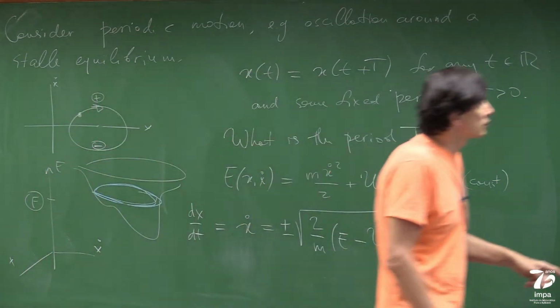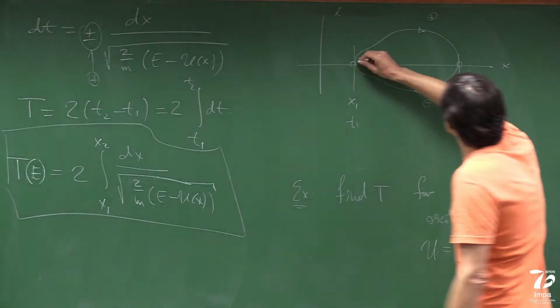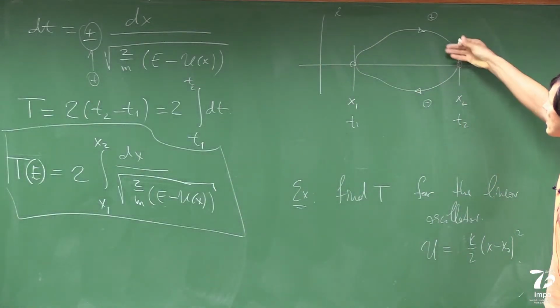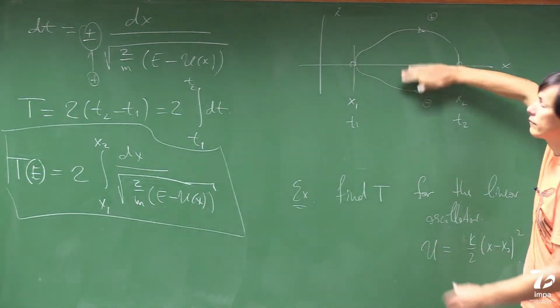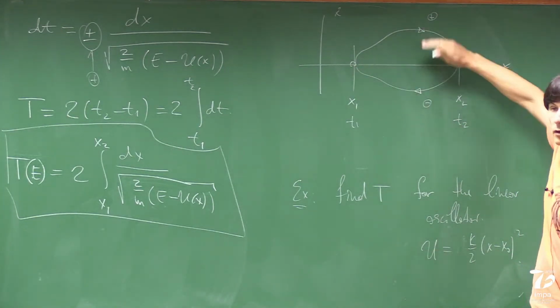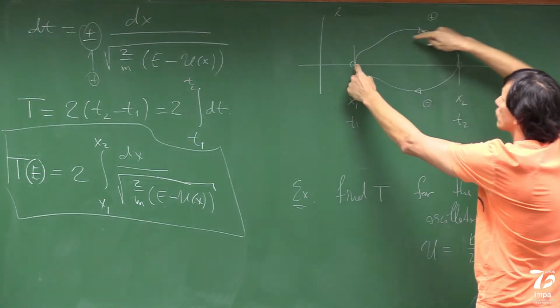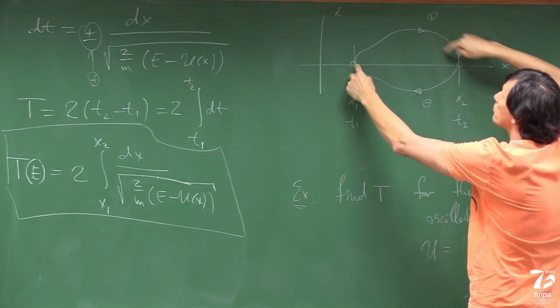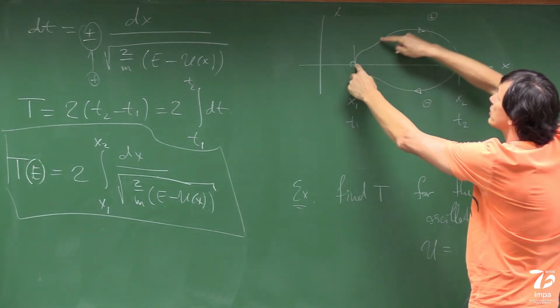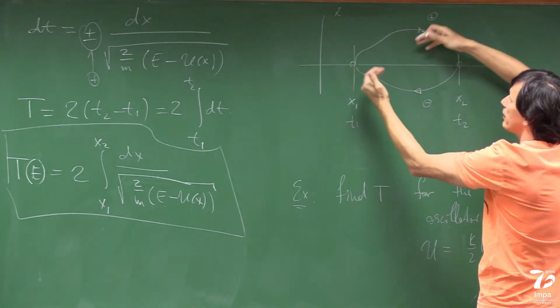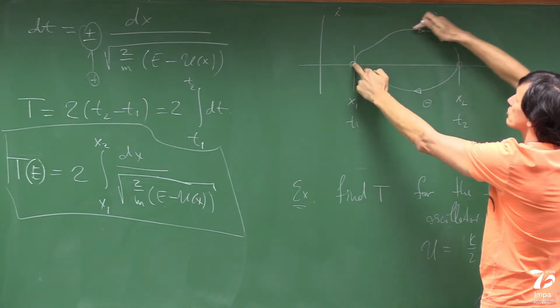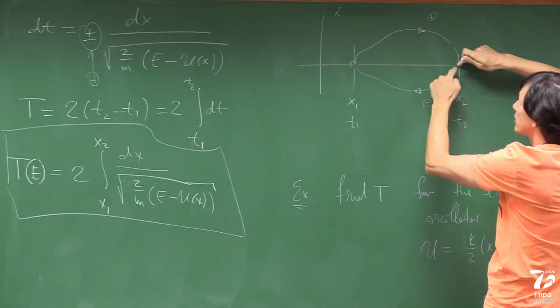So the motion above is exactly the same as the motion below, just by flipping, which means that the period, which is the time when it makes a complete loop, has 2 parts: the time which it traverses the upper loop, and then the time it traverses the lower loop.